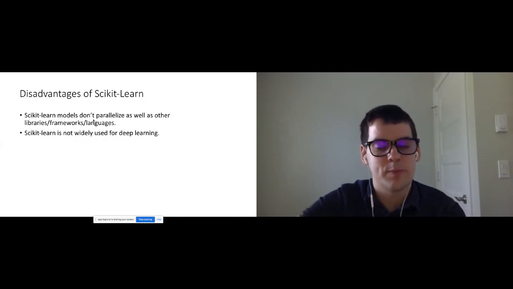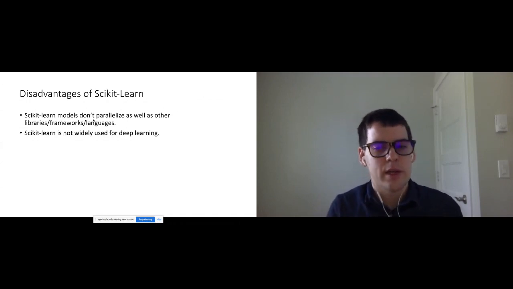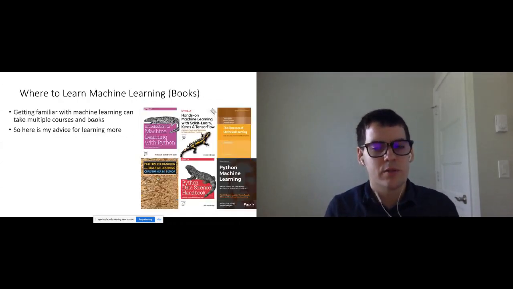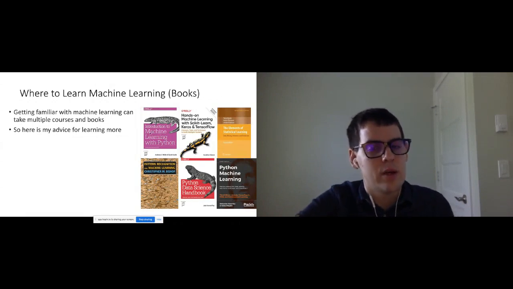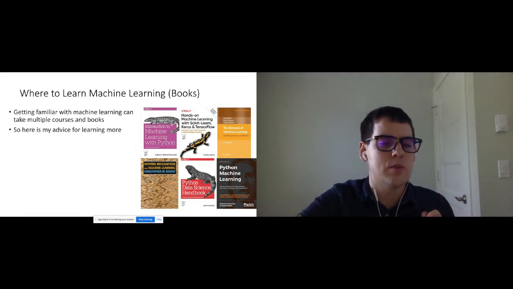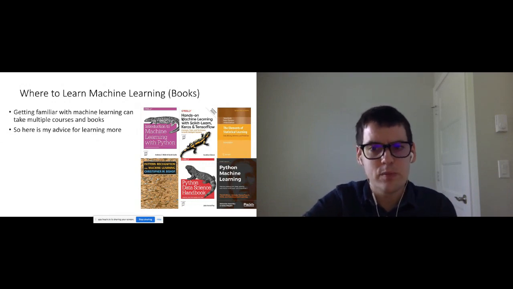So as far as where to learn machine learning, because 2 hours of this is not enough time to learn machine learning, I have a lot of recommendations, so please let me know. I like Introduction to Machine Learning with Python. I find the book a little dated now in terms of some of the code, but the visualizations are great, and I really like visualizations, if you can tell.